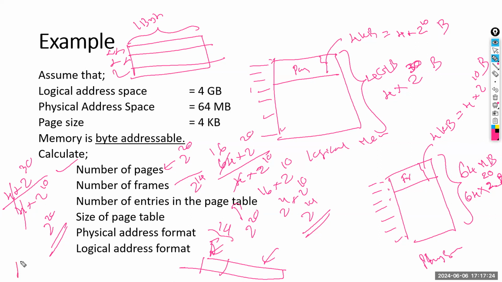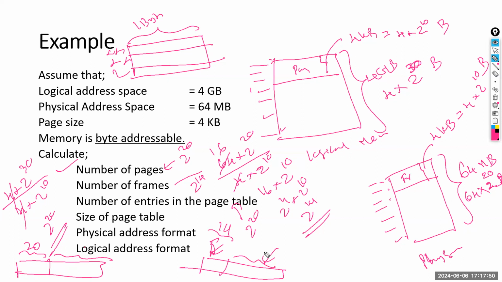When it comes to the logical address, the number of pages is 2 to the power 20. To uniquely identify a page, you need 20 bits. And this is 14 bits, because 2 to the power 14 frames are there. Then this is the offset, which is going to be the same number of bits in both.